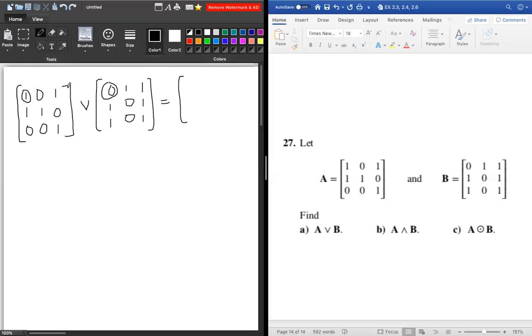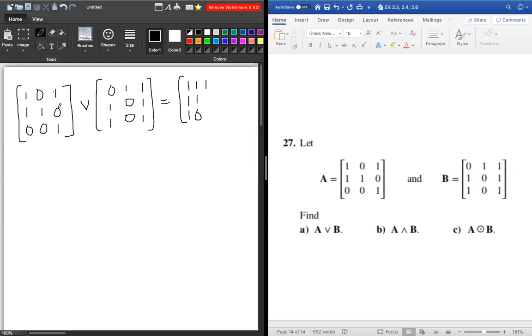So this is 1, 0, 1 here. Then 1 or 1 is 1, 0 or 1 is 1. Then this 0 and this 0 is 0, then 1, and then this 1 is 1.